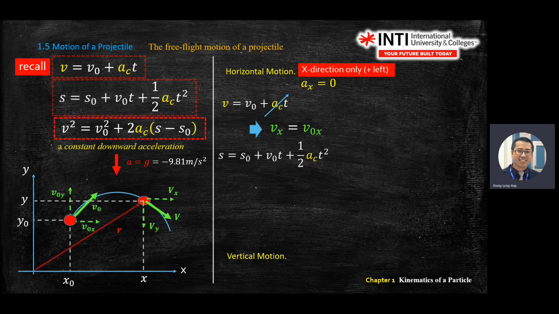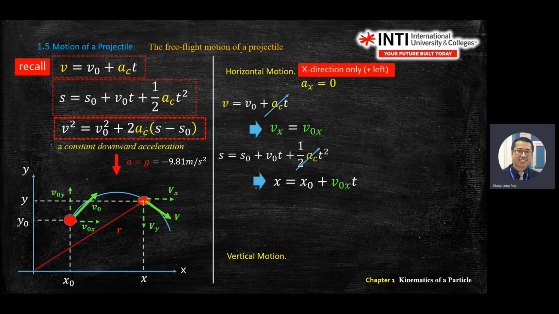You look at the second equation of motion. Again, you apply the same. You don't have acceleration in the x direction, so change all the terms to the x direction. You cancel the second term and you will get this formula. You change the s according to the coordinate system you have, which is x and y. So s, the final position on the graph, is x.